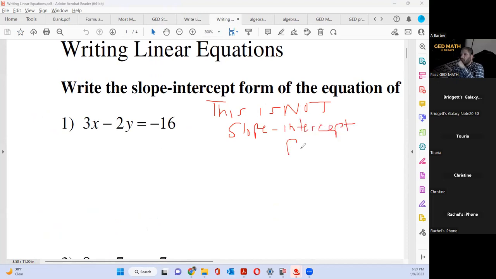So the first thing you need to be able to do is identify the different types of linear equations: slope-intercept form, standard form. Now, there is point-slope form too, but we're not going to worry about that right now. The two types I want you to be familiar with are slope-intercept form, which is y = mx + b, and standard form.